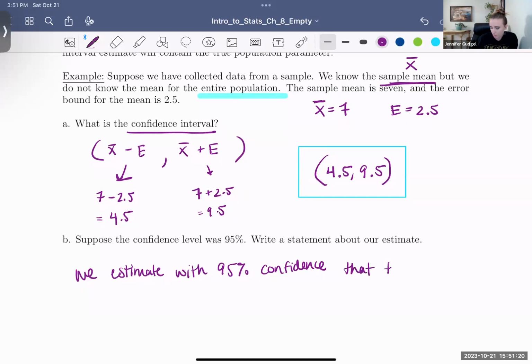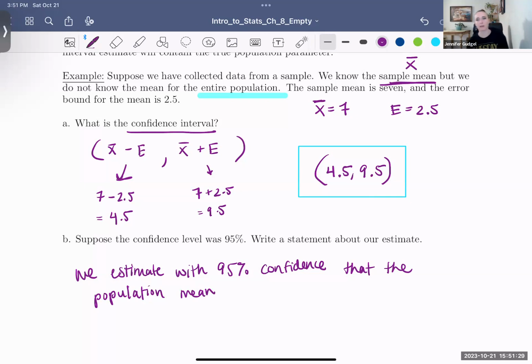All right, here, we estimate with 95% confidence that the true population mean. In your conclusion, you should be talking about the population mean. Again, I don't want to say we estimate with 95% confidence that the sample mean is between 4.5 and 9.5, because I know what the sample mean is. It's 7. I know it's between 4.5 and 9.5. That's not what I'm trying to build this confidence interval for.